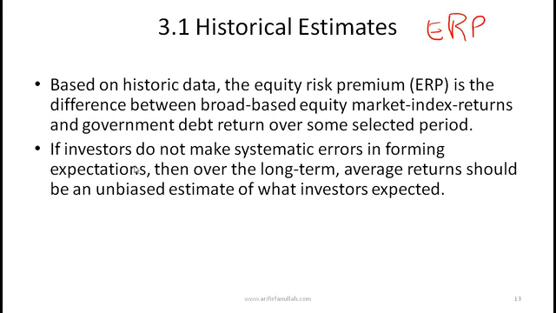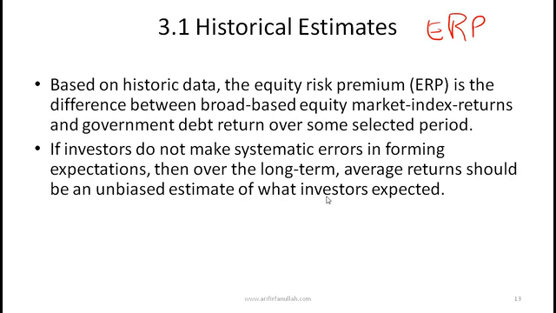The philosophy or the thought is that if investors do not make systematic errors in forming expectations, then over the long run, the average return should be an unbiased estimate of what investors expect. So simplistically what we are saying is, let's look at the last 20 years. Over the last 20 years, we look at the return on the equity market minus the risk-free rate, and then we take the average of all those numbers.